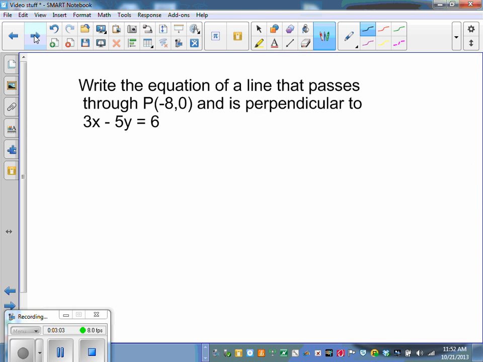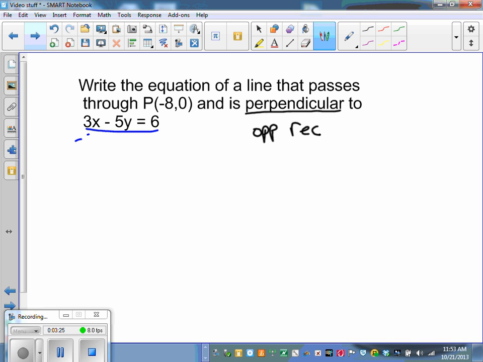All right, so let's do the same kind of thing, but now it's going to be perpendicular. So underline that. That means we are going to do opposite reciprocal. But if you look, we have this in standard form. This guy here is not in y equals, so we cannot tell its slope yet.